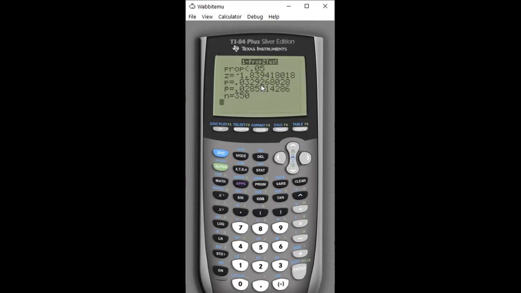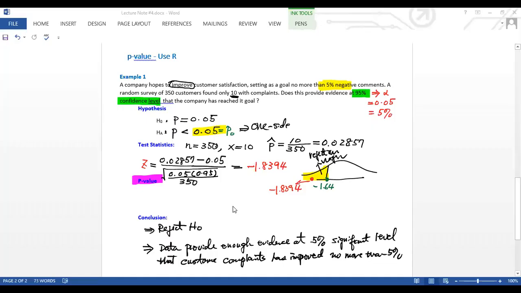You get that? That's how easy it is to use the TI-84 here. So you use the one-proportion Z test, right? Basically you just need to input your null hypothesis value, the sample size, those things, and you will get the same values here.